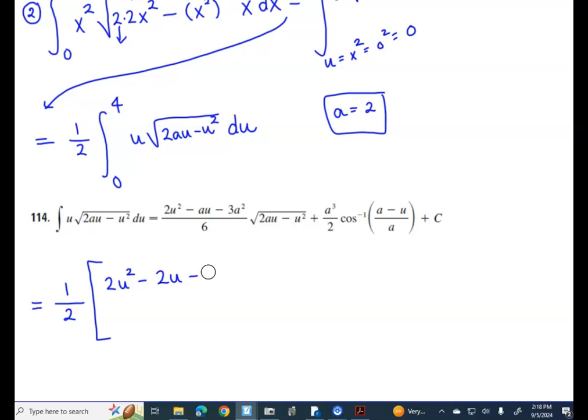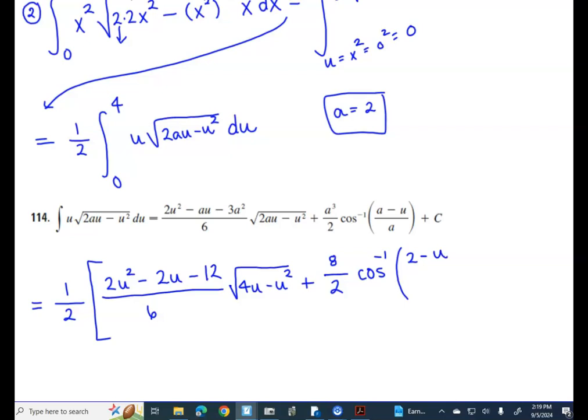And that gives us 12 over 6 times the square root of 2 times 2, a is 2, which is 4, u minus u squared, plus a we know is 2, and 2 to the 3rd power gives us 8 over 2 times the cosine inverse of 2 minus u over a, which is 2, and then we're evaluating this from 0 to 4.